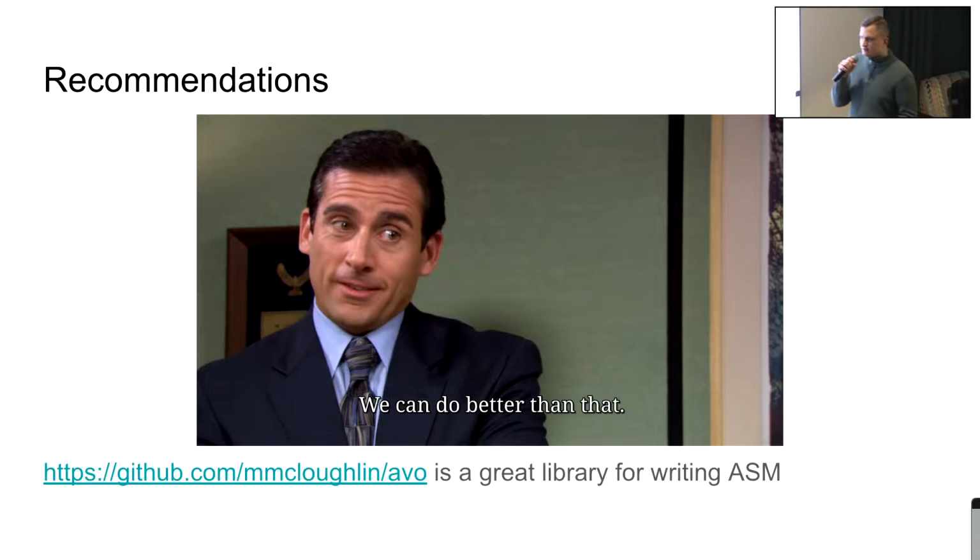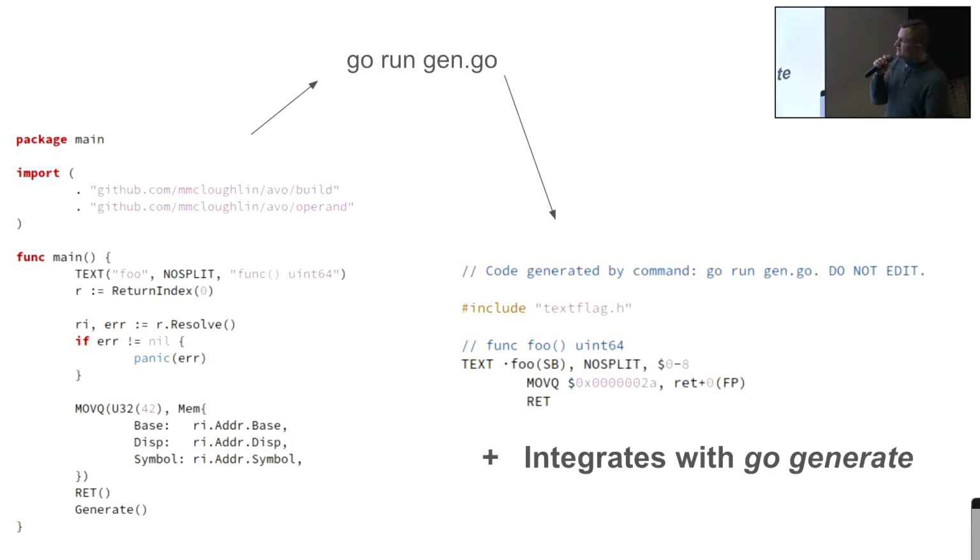So do we always need to write assembler code by hand? No, because life would suck that way. There's actually this great library, Avo, that I would recommend you use if you ever write assembler code in Go. It allows you to use regular functions and create a generator that will generate assembler code from Go code.